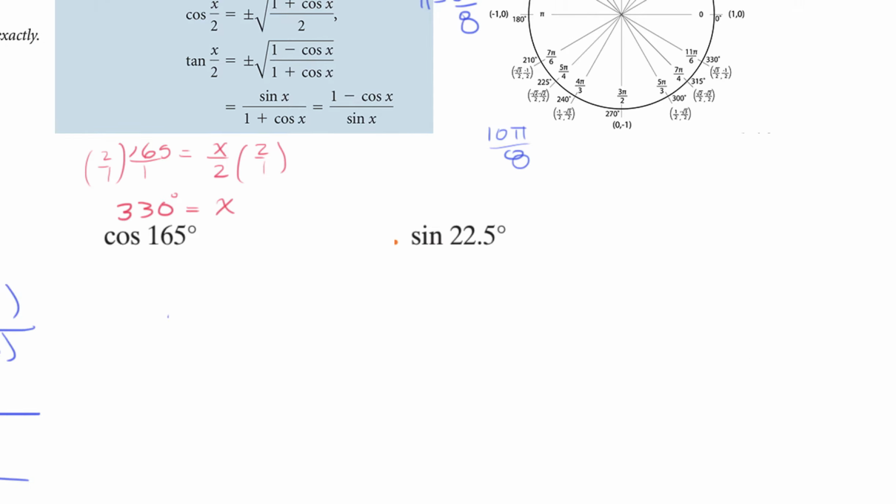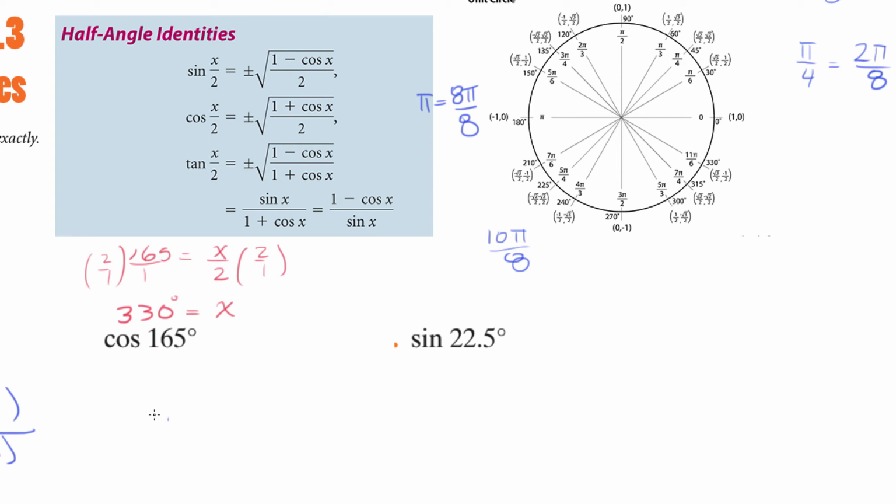So in my equation, notice that it's again plus or minus radical of 1 plus cosine of 330 over 2. Now, the cosine is easier to identify since it's in angles in which quadrant it is.